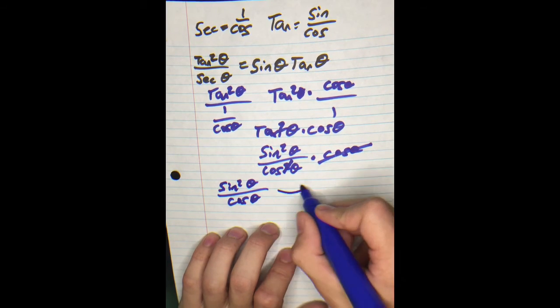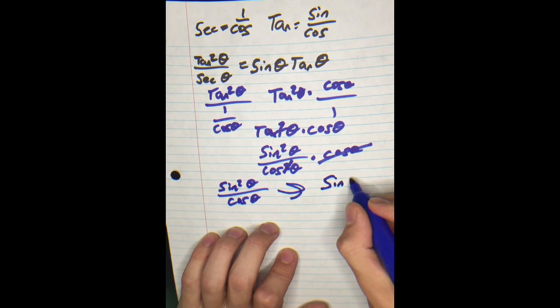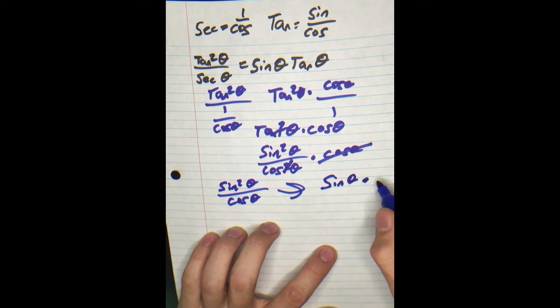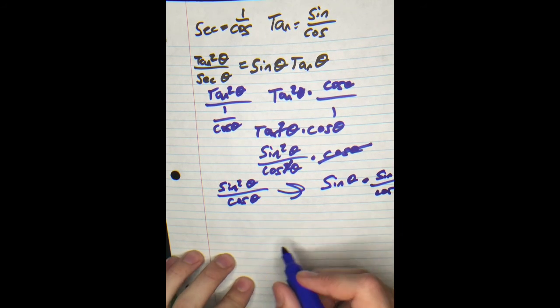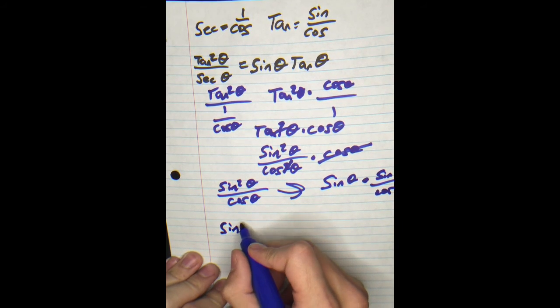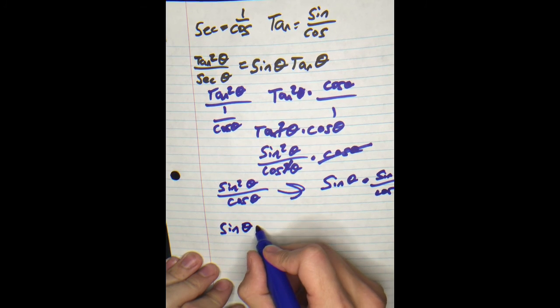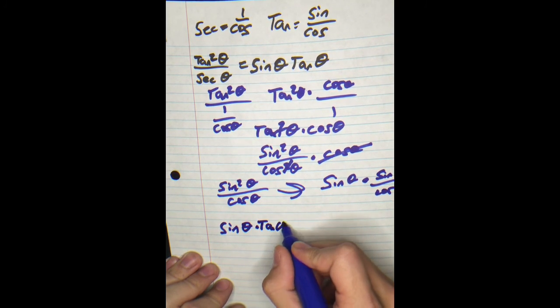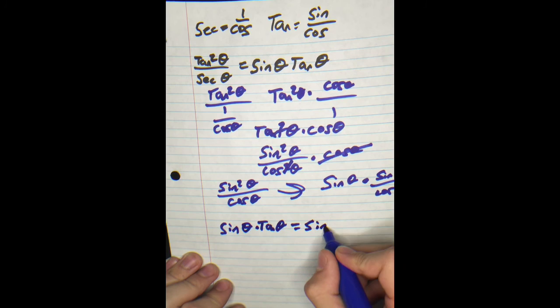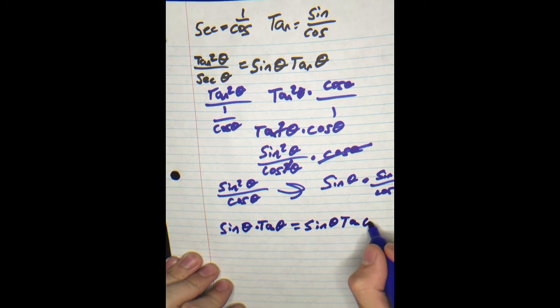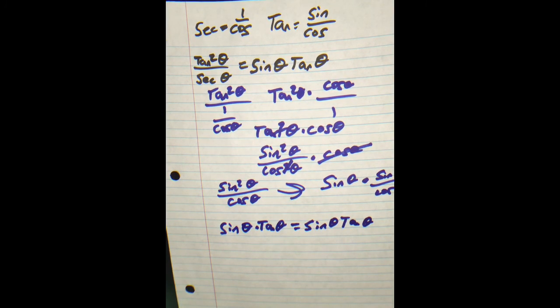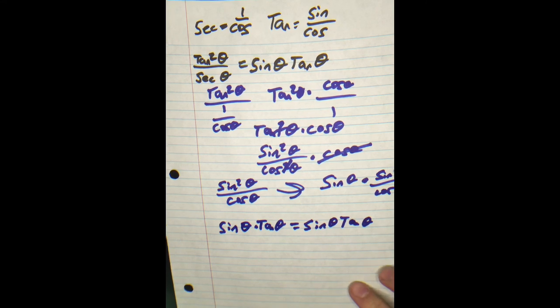So we're going to rewrite it as sine theta times sine theta over cosine theta. And that is just tangent. So now we're left with sine theta times tangent theta, which equals sine theta tan theta. And that is how you would do this kind of problem.